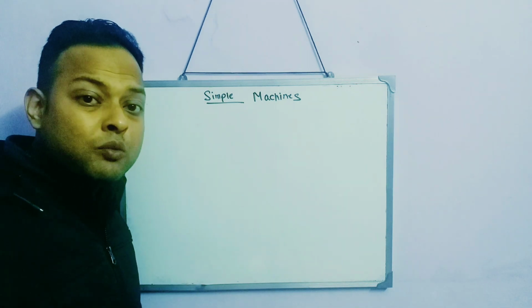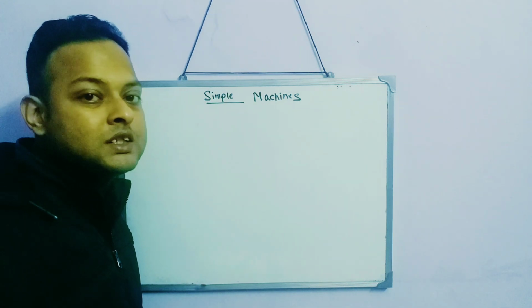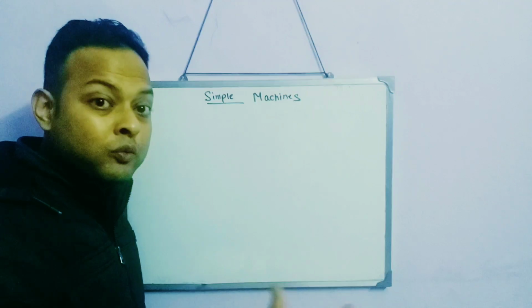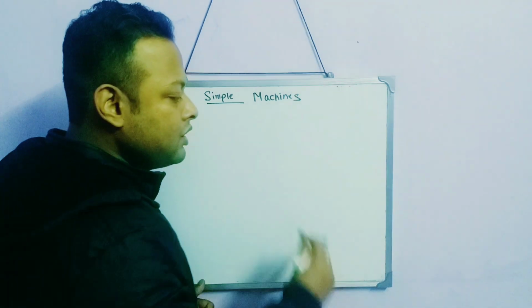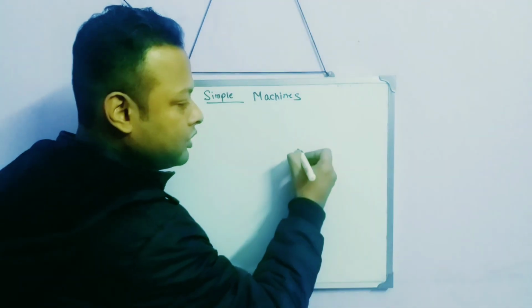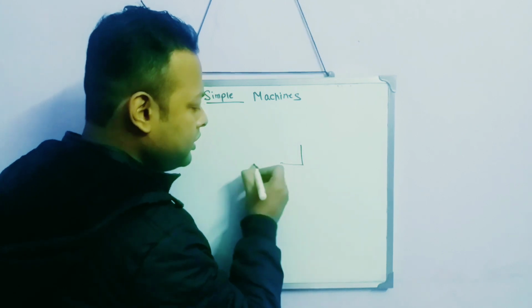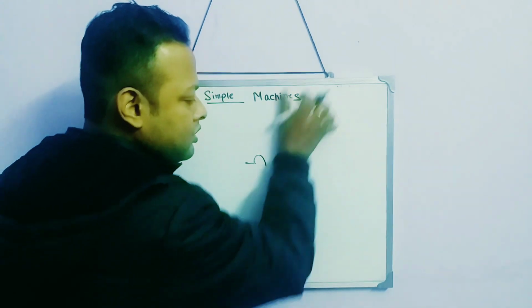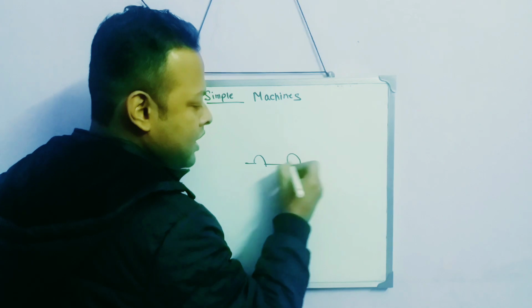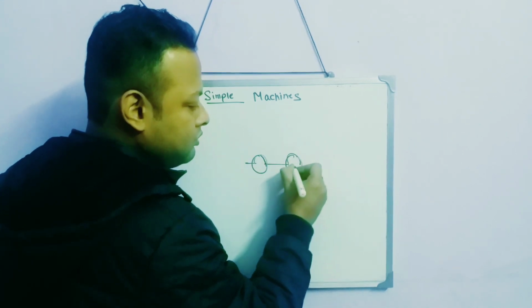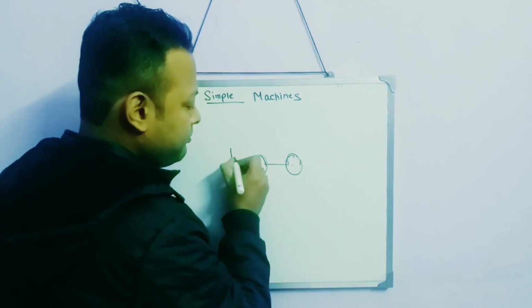Now let's take one more example to understand how machines help us. Suppose you have a truck. All of you know what a truck is. I am very bad at drawing, so you can understand that part.